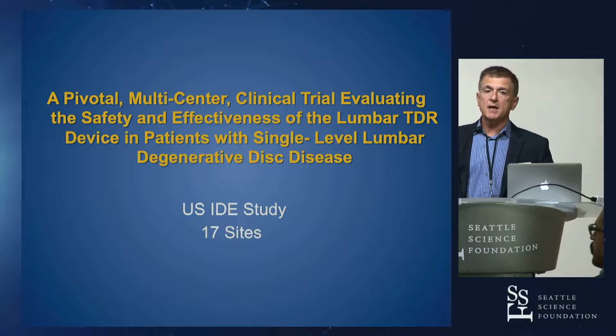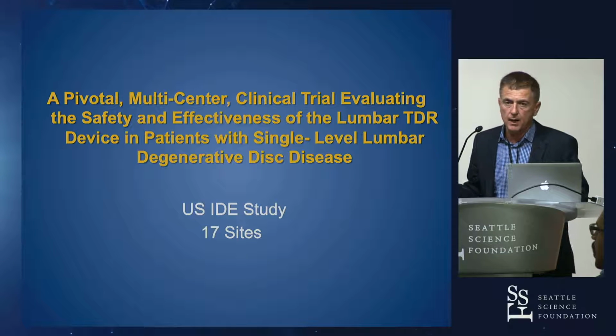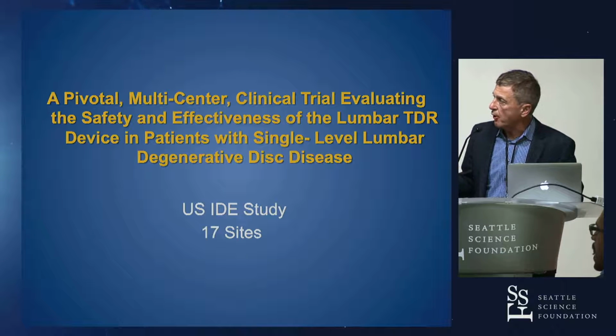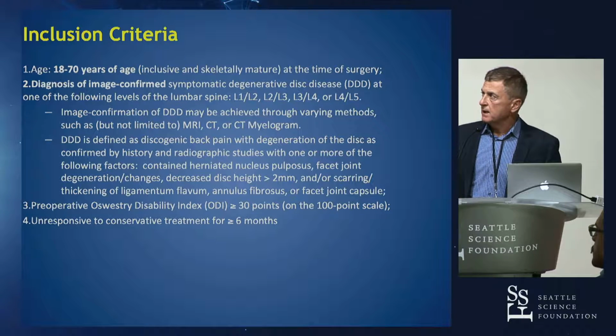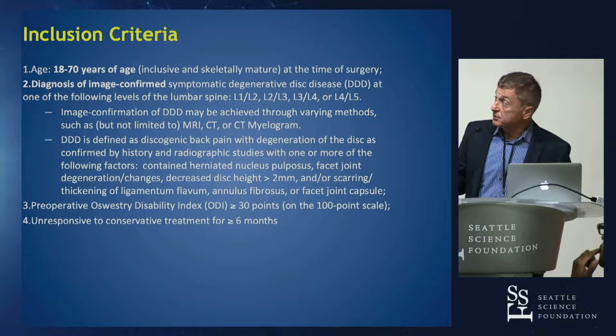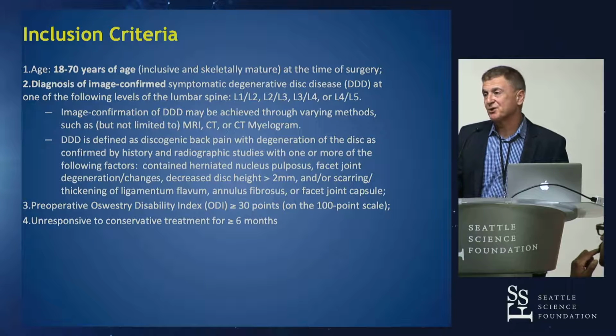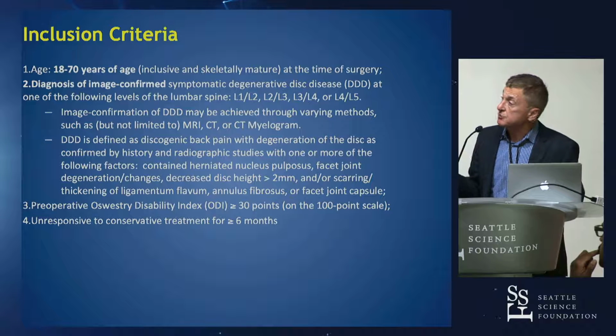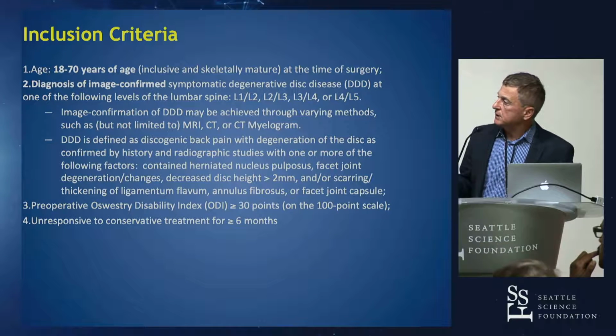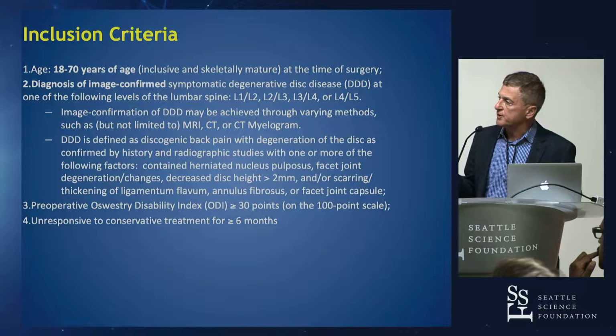So the FDA used that data to allow us to do an IDE study in the US. This was 17 sites. And inclusion criteria, 18 to 70. I think we mentioned last night, what was it, 18? It was to 60. So they did 18 to 70. And for decreased disc height, it was anything more than 2 millimeters.